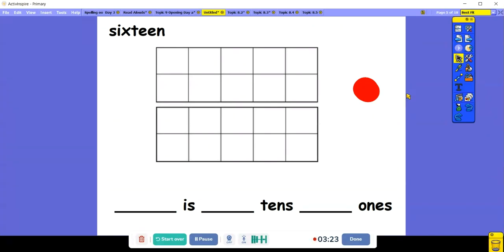If we're going to do some practice on this, right now I'd like you to read this number. What is it? 16. Again, we're going to use our 10 frames and we're going to fill.